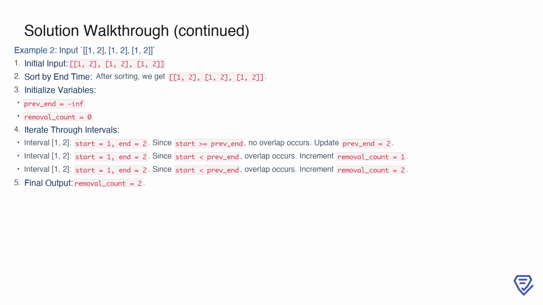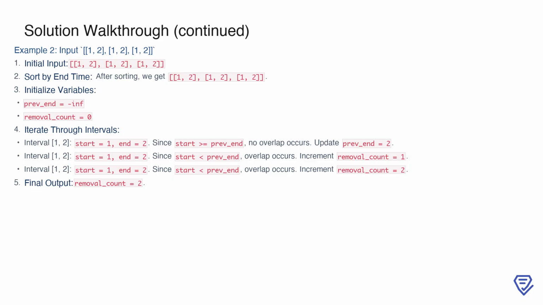As we iterate through the intervals, the first interval, [1, 2], does not overlap with prev_end, so we update prev_end to 2. The next interval, [1, 2], however, starts before the updated prev_end, indicating an overlap. We increment removal_count to 1 but leave prev_end unchanged since we're removing the overlapping interval.